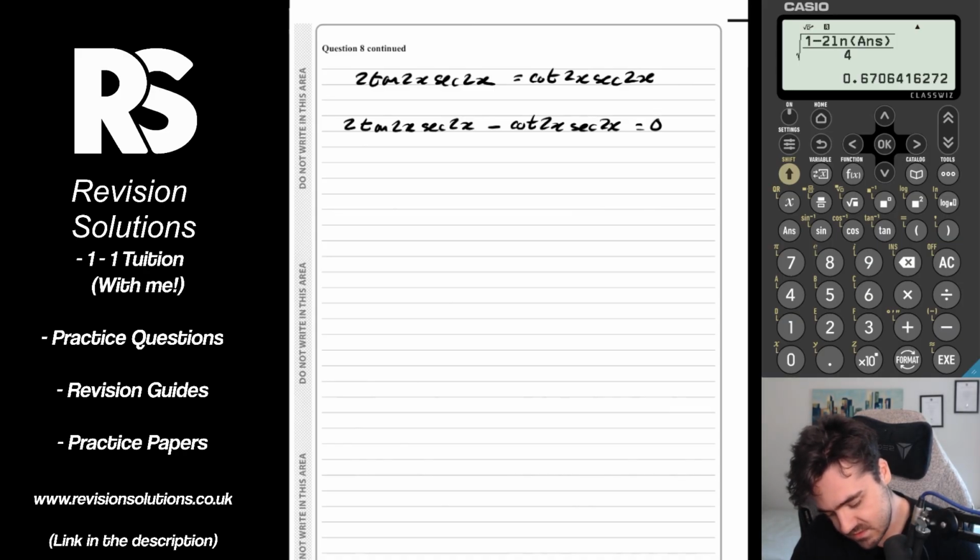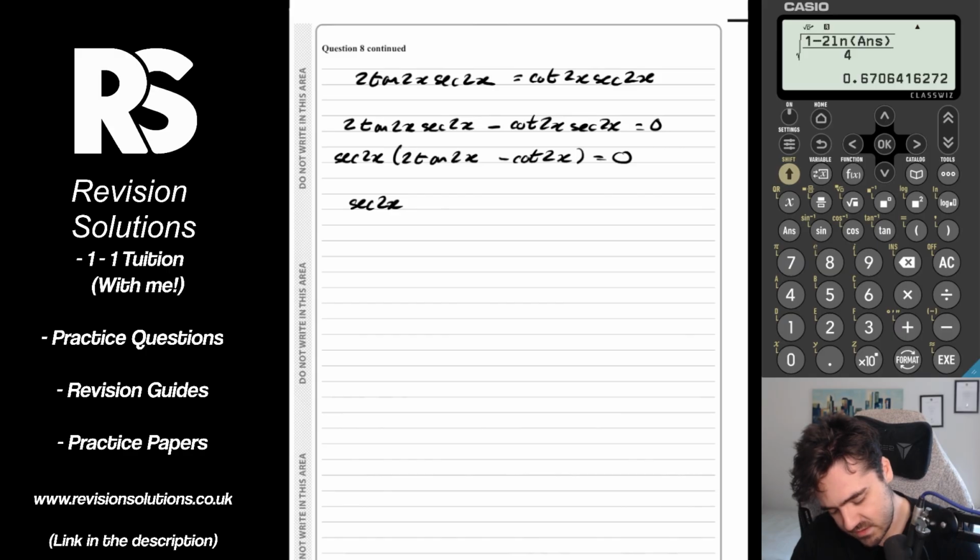Let's factorize out the sec 2x. Then we'd have 2 tan 2x minus cot 2x equals 0, which gives us two possible solutions.